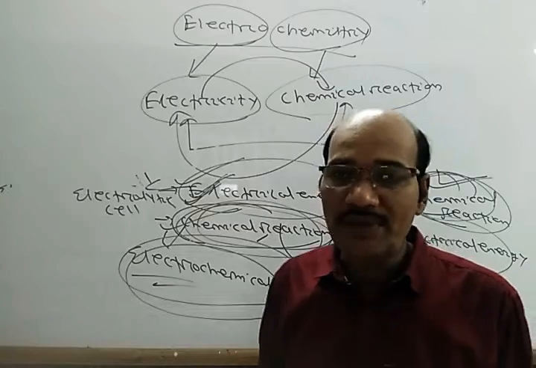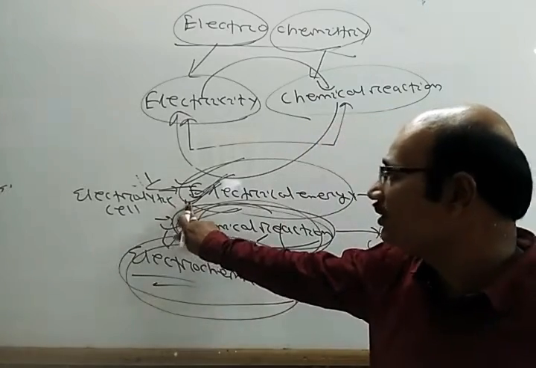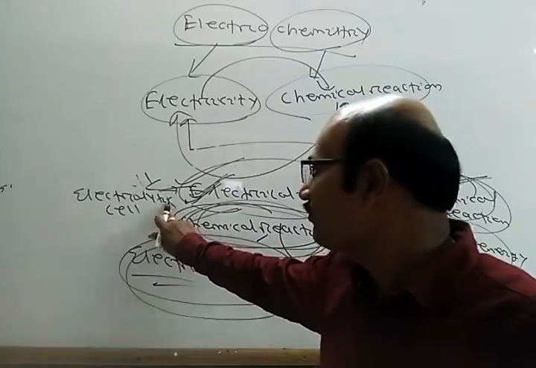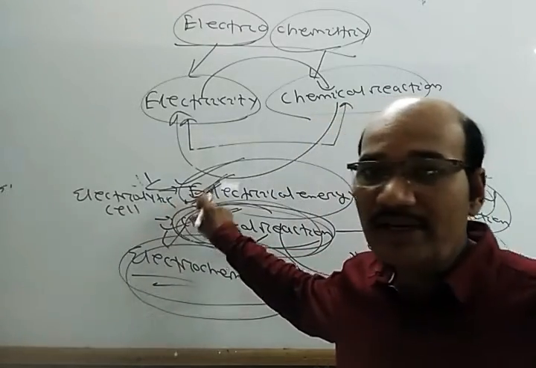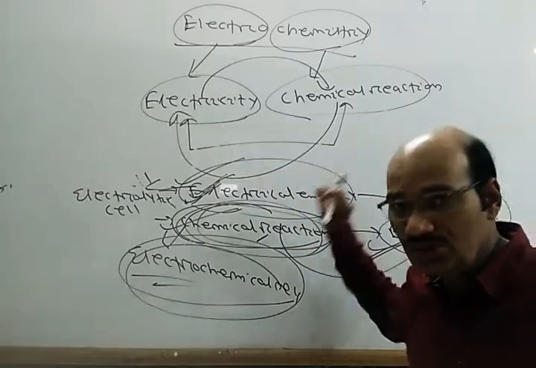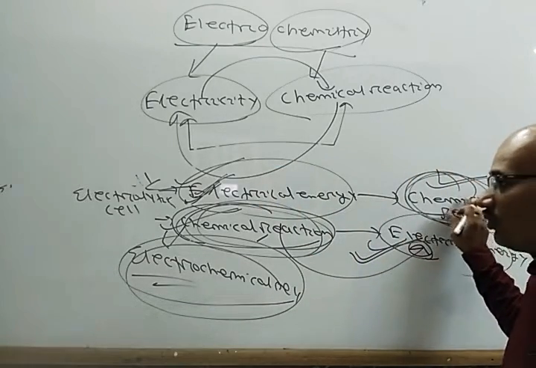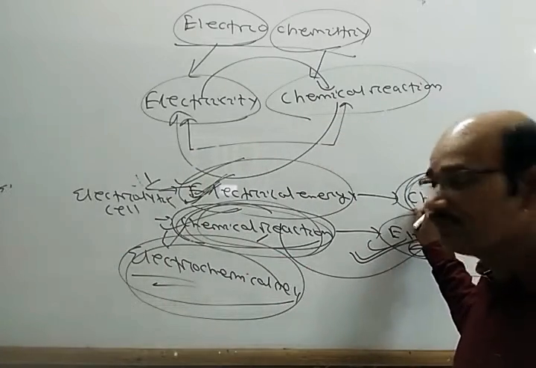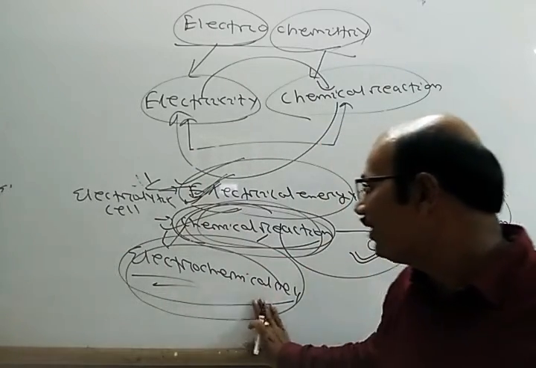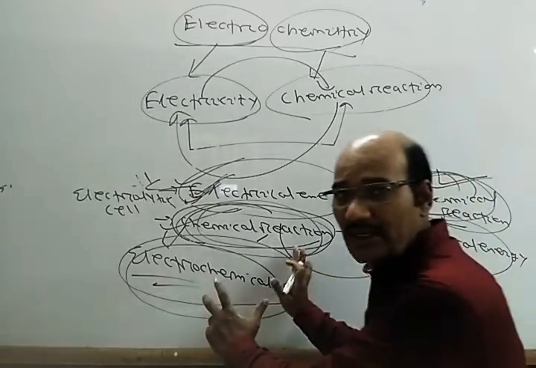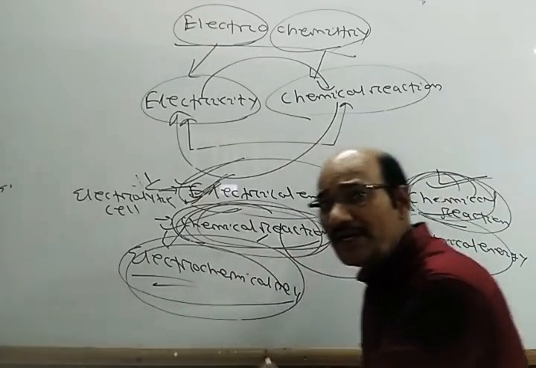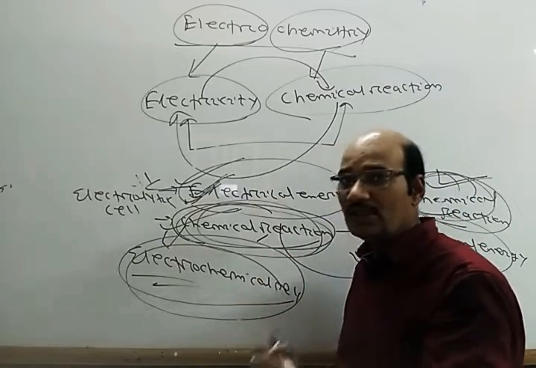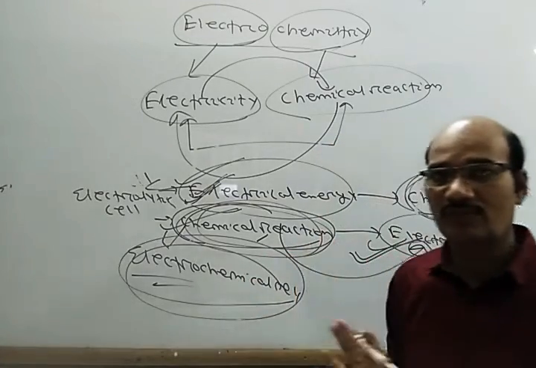This process is called electrolysis: the electrolytic cell, where we apply electric current and cause the chemical reaction. And the process where we do chemical reactions and produce electrical energy is basically called redox reactions.